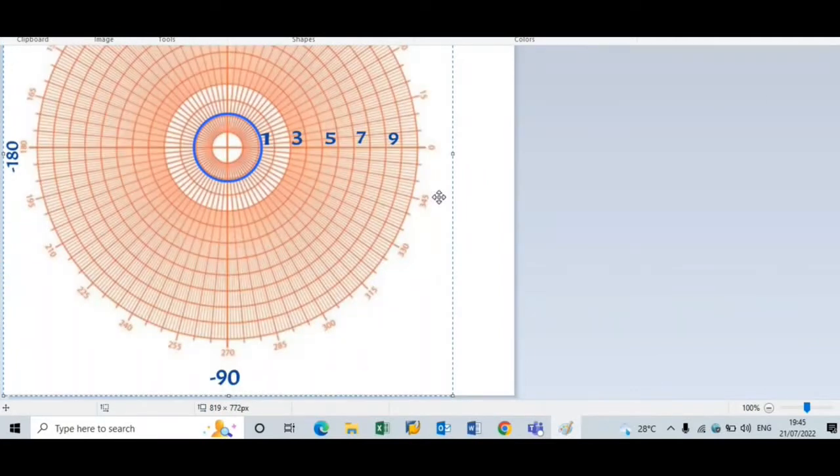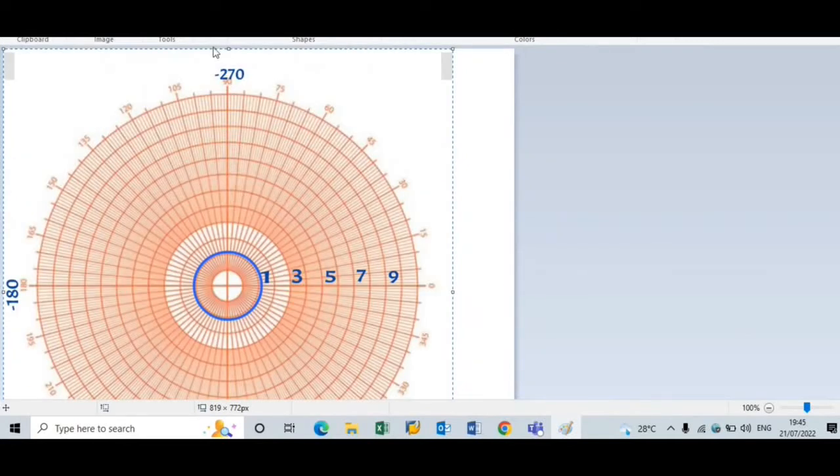Now, how to plot the negative angles? For that we move in the reverse direction: 0, minus 90, minus 180, minus 270, and so on. Now we will plot the magnitude.